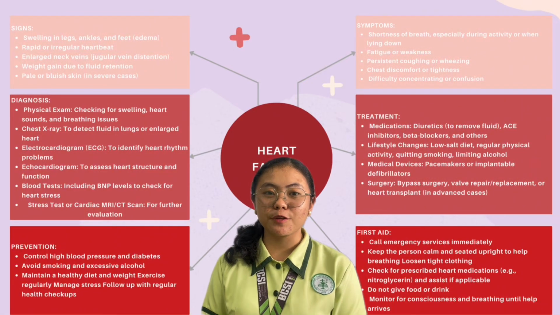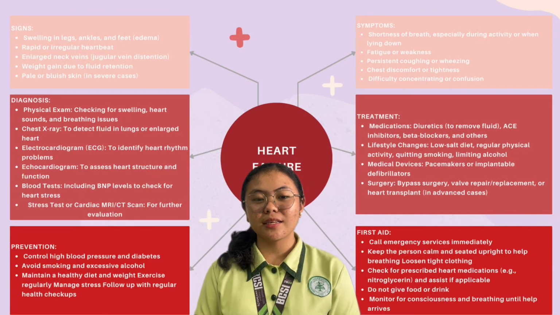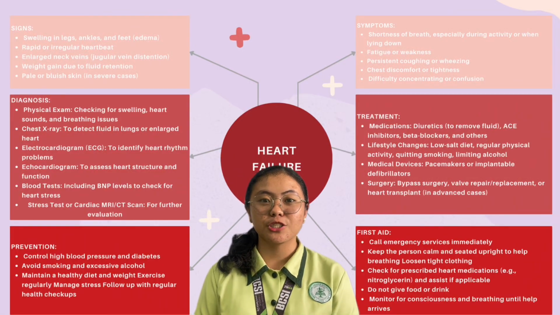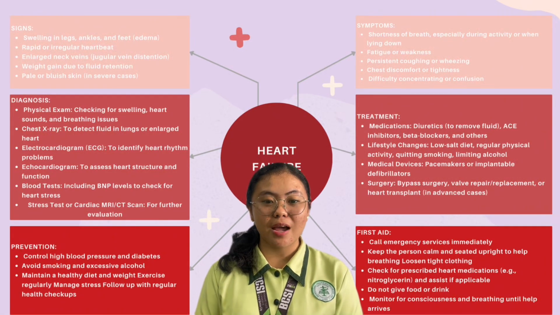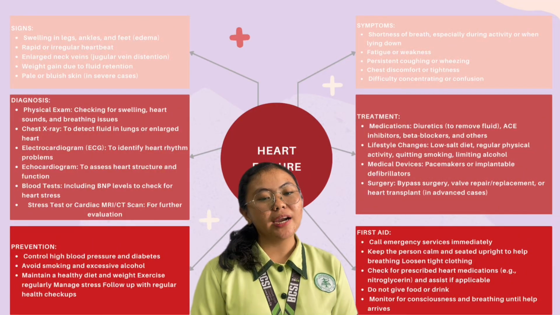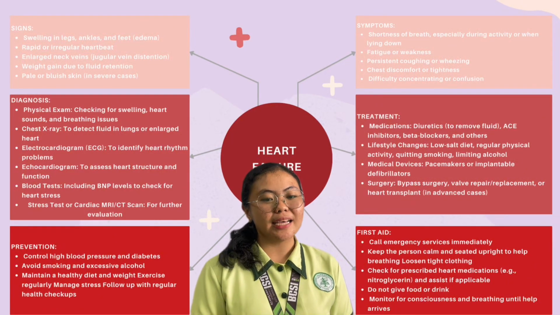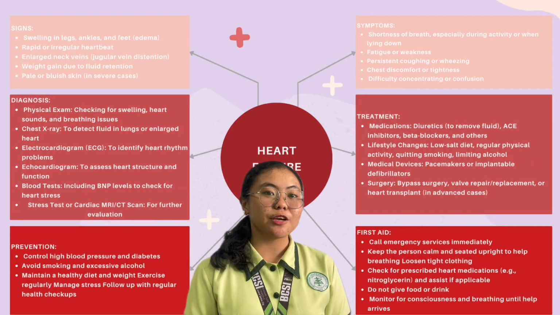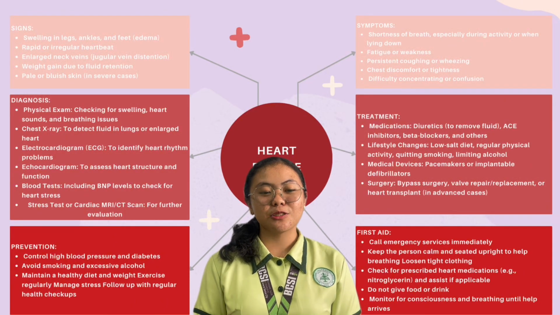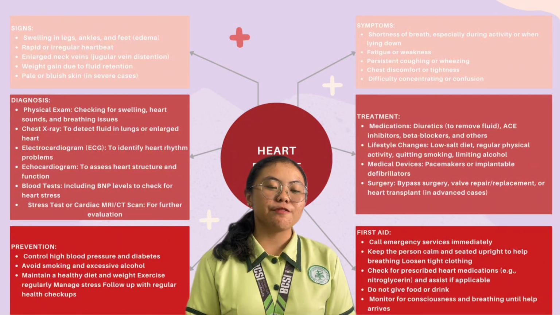It is checking for swelling, heart sounds, and breathing issues. Next is chest x-ray. It is to detect fluid in lungs or enlarged heart. Then electrocardiogram or ECG. It is to identify heart rhythm problems. Then echocardiogram. It is to assess the heart structure and function. Then blood tests including BNP levels to check for heart stress, and stress test or cardiac MRI or CT scan for further evaluation.